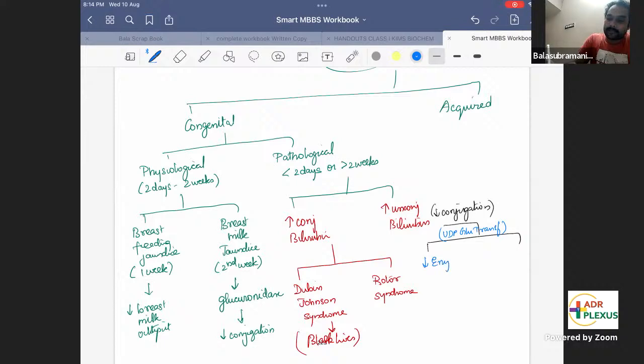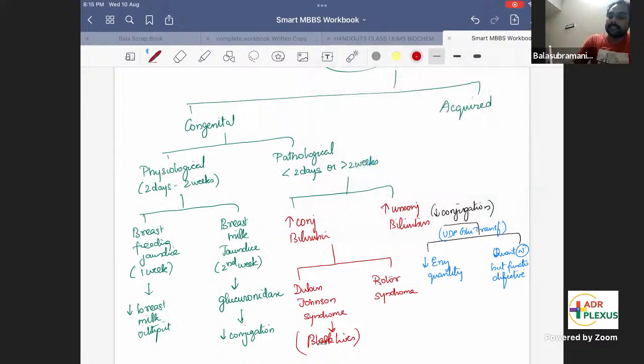So the first disorder is decreased enzyme quantity. The second disorder is where enzyme quantity is normal, but function is defective. In the first disorder, the enzyme is not present in adequate amounts. In the second, the enzyme is there, but it is not working properly.